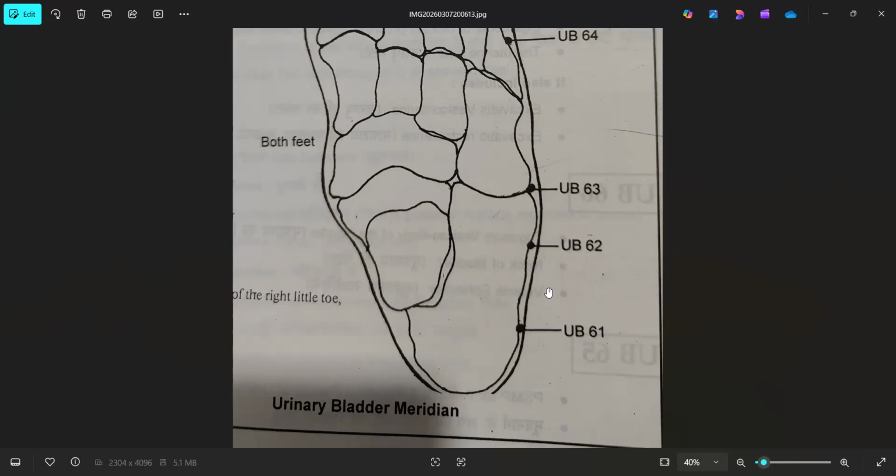And in females, UB50C is, of course, the clitoris, if you know that. That is the essential point for reaching the peak of sexual intercourse for females. That has a lot of nerve endings.